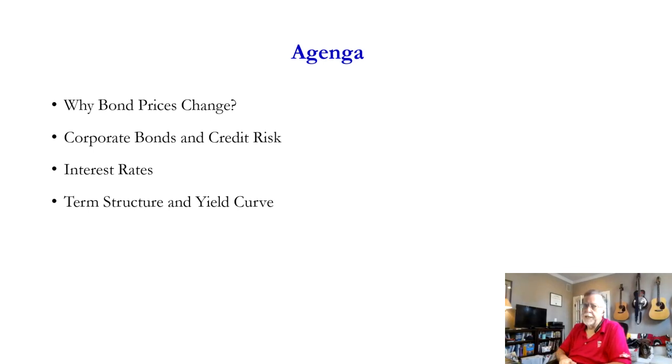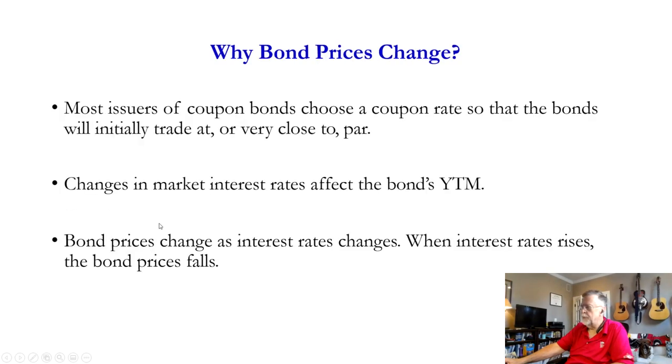When interest rates change, that changes the bond prices, and there's a definite relationship between interest rates and bonds. When the Fed, for example, raises or lowers rates, the whole bond market will shift and things will reprice. There's a whole market for this, and there's a term structure and the yield curve that tracks all this movement.